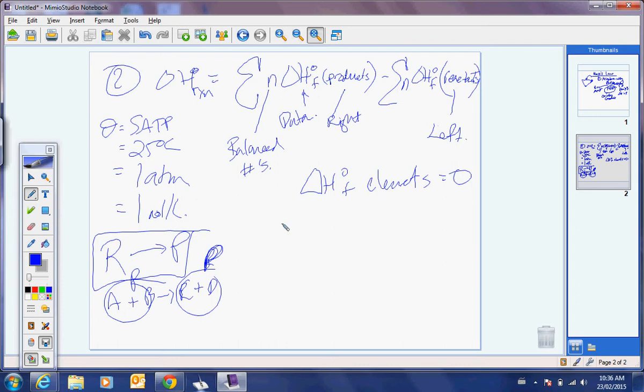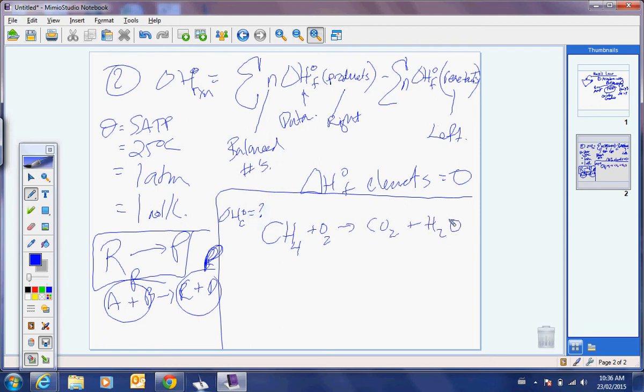So, for example, the question is, what is the delta H naught for the combustion reaction of CH4 plus O2 goes to CO2 plus H2O? First thing I'd want to do is balance it. So a big 2 there, and a big 2 there.